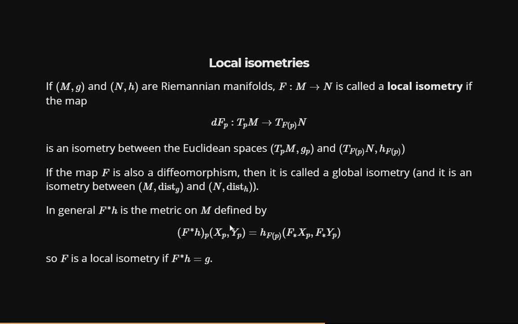It takes two vectors tangent to M, it pushes them forward to vectors tangent to N, and takes the scalar product with respect to H. So f is a local isometry if the pullback of the metric on N is the metric on M. Obviously, for a map being an isometry, it depends on the metric you choose. And you can choose a lot of metrics on a manifold.